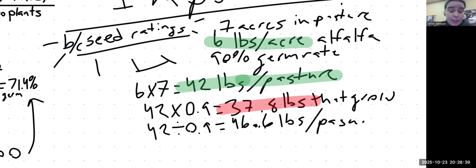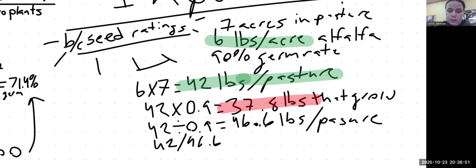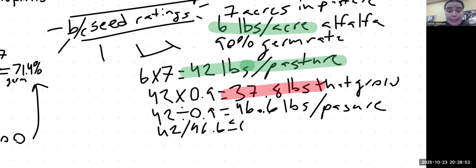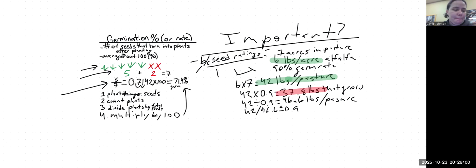And the reason why I checked that, essentially what I did is I did 42 divided by 46.6 and got 0.9. Now, how did I fact check that? I fact checked that by doing this step.